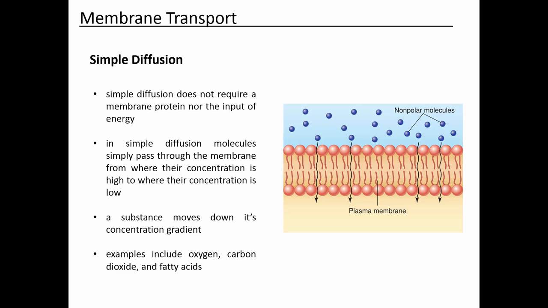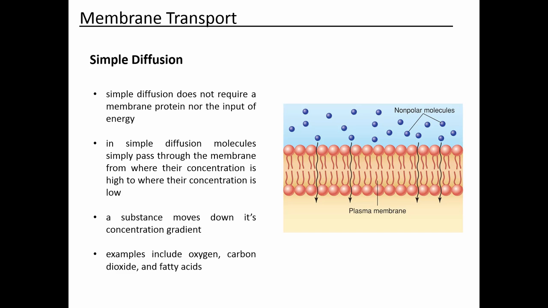Okay, so you should remember the three examples that I have down here for molecules that are going to move across a membrane by simple diffusion. The two I just mentioned, oxygen and carbon dioxide, and then also fatty acids. If you remember back to last week when we were talking about what types of molecules are able to get across the membrane without any assistance, that's going to be typically uncharged or nonpolar molecules.